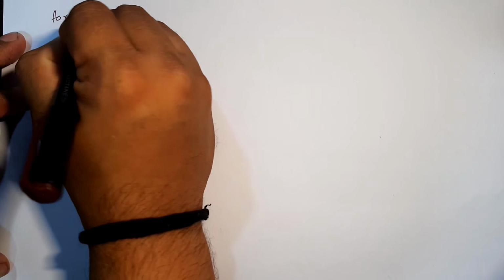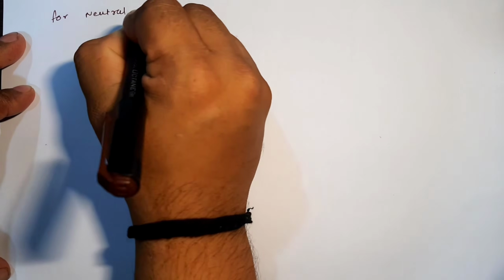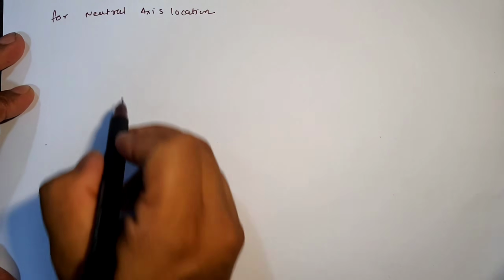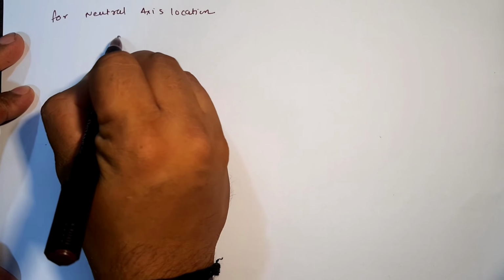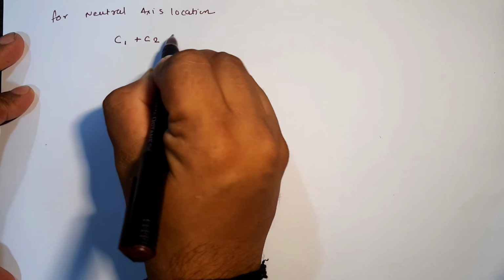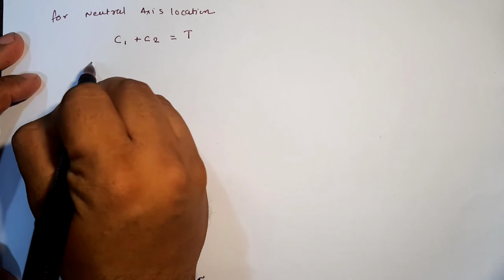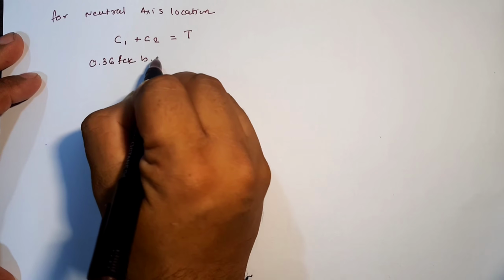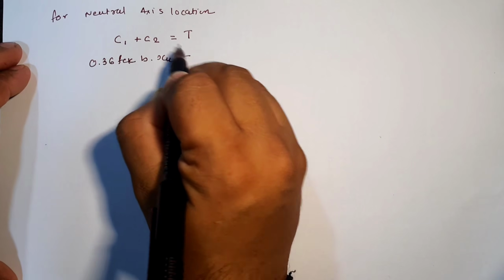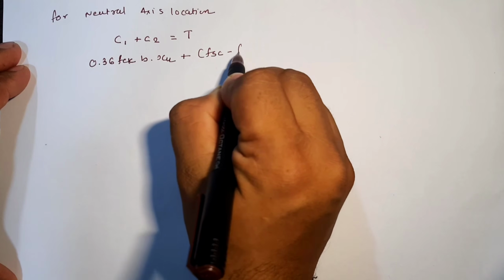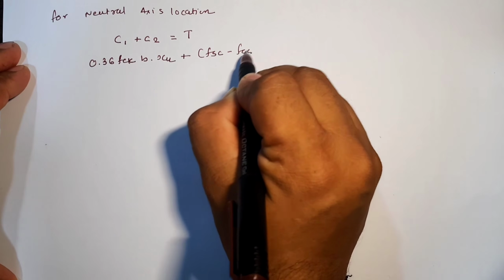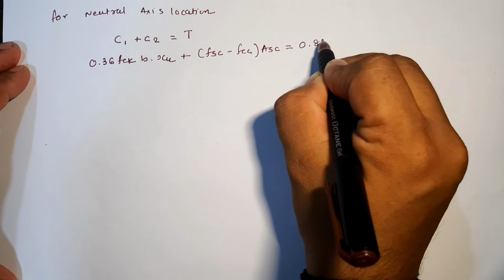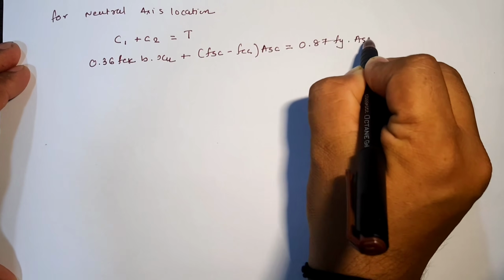Now for the neutral axis location, we have the equation C1 plus C2, which is equal to T, where C1 is equal to 0.36 fck b into Xu, plus C2 is equal to (fsc minus fcc) into Asc, and T is equal to 0.87 fy into Ast.